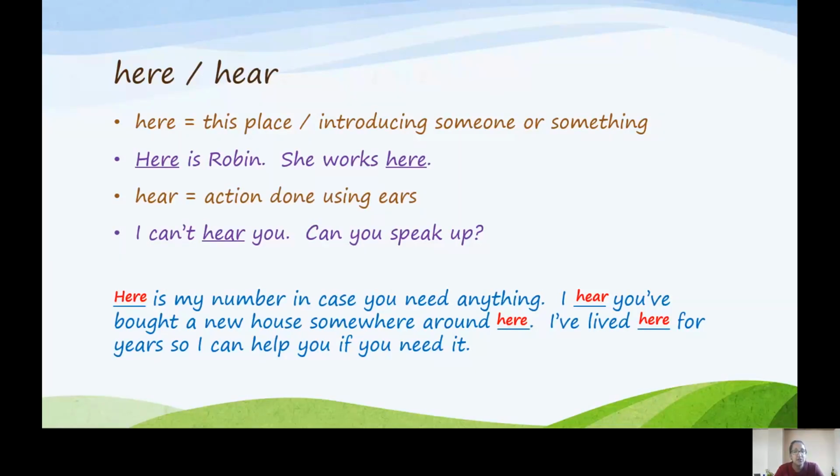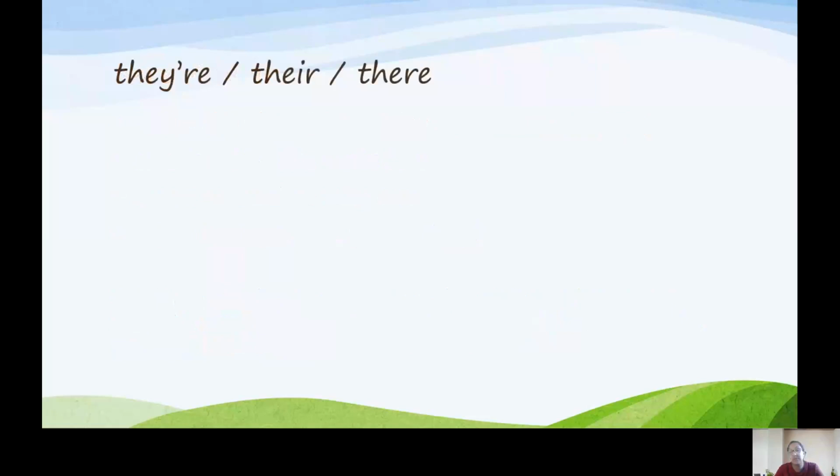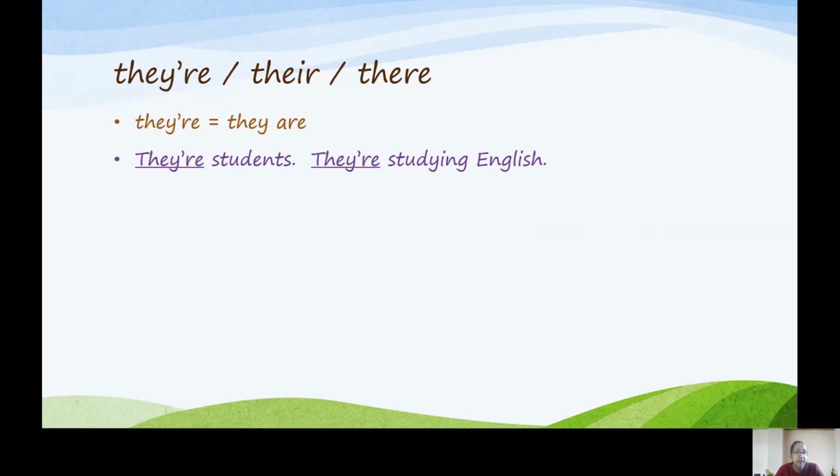Let's move on to there. There are 3 of these, and this is a really common mistake that people make. So the first one, this one is they are. We've got the apostrophe that shows there's a letter missing. It's a contraction. They are. For example, they're students.